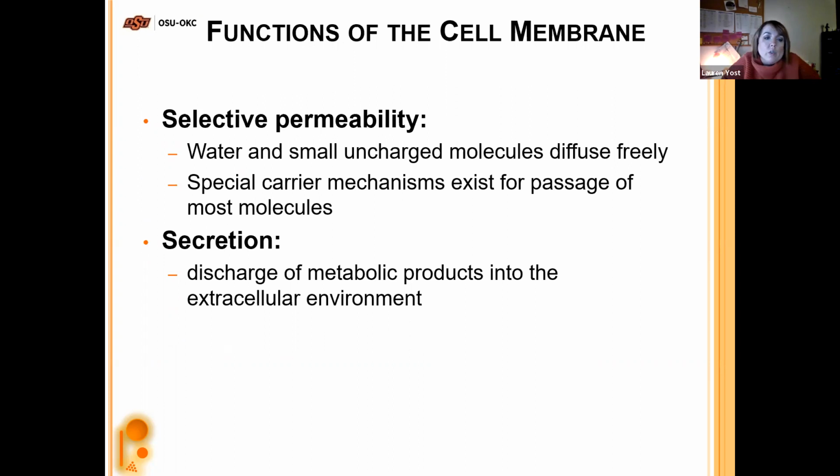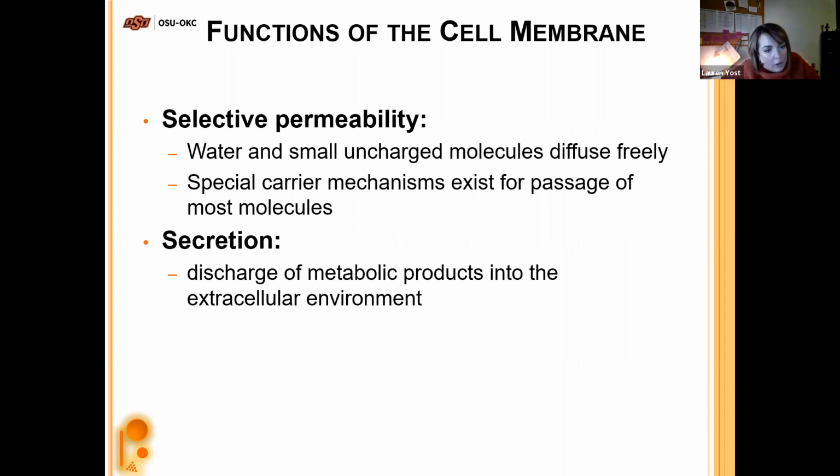Membranes are important when we're talking about protecting what's inside, keeping what's in and keeping what's out. Part of that involves selective permeability. This is a term to be familiar with. Selective permeability refers to water and other very small, uncharged molecules that can diffuse freely across the membrane, usually through different channels.